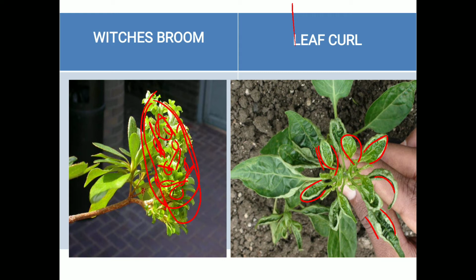The better way is to use an insecticide for management of such insects, so that the spread of virus is completely stopped. For witch's broom or leaf curl we use suitable insecticides, for example chlorpyrifos at a rate of 2 ml per liter of water.